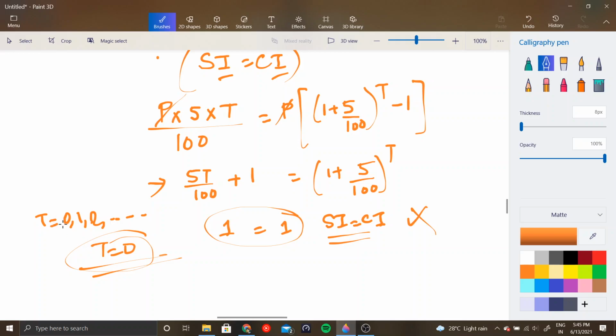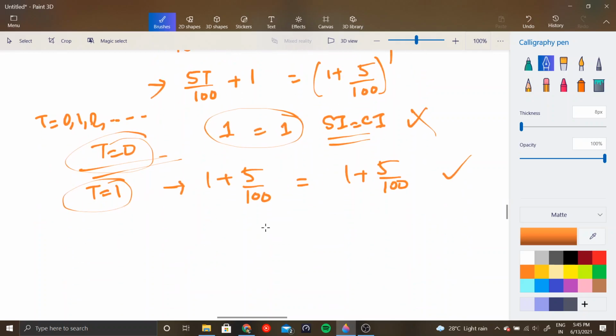Next use T equal to 1. For T equal to 1, this is 1 plus 5 by 100. Also, this is 1 plus 5 by 100. Is this true? Yes. When it is invested for 1 year, the simple interest and the compound interest give you the same result. Now take T equal to 2. This becomes 1 plus 10 by 100, whereas this becomes 1.05 squared.